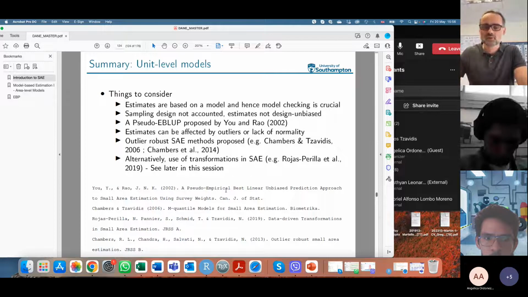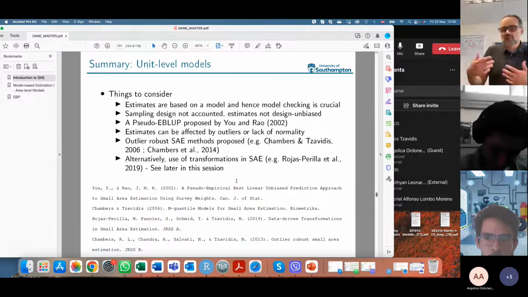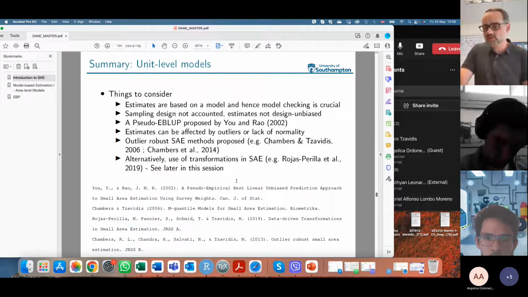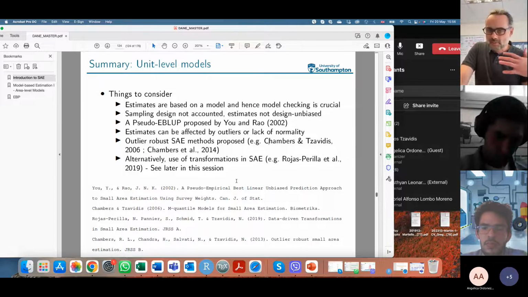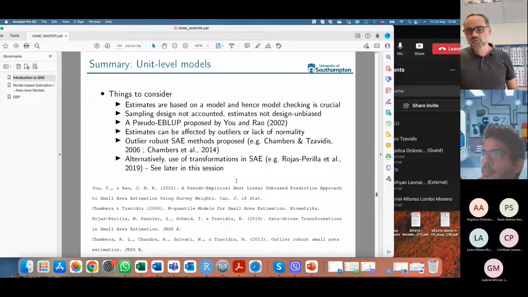As we will see later on with the poverty mapping methods, the method that has been the preferred method by the World Bank also assumes a logarithmic transformation. And recently there have been papers that have proposed the use of other types of transformation as opposed to just straight logarithmic transformations. And that can make a difference.